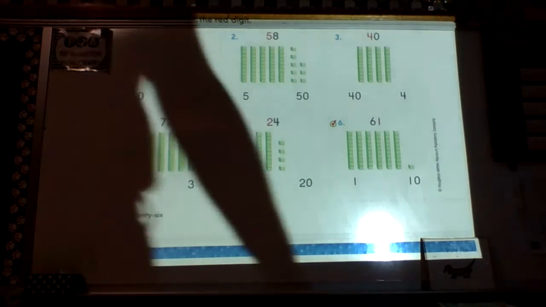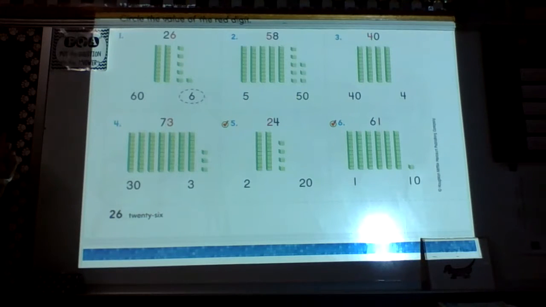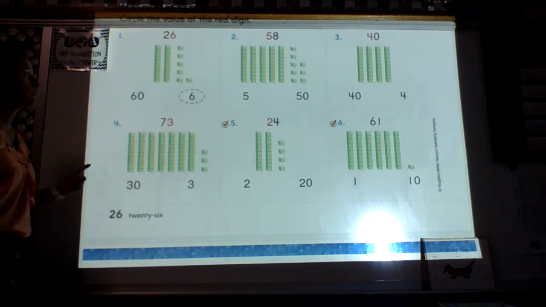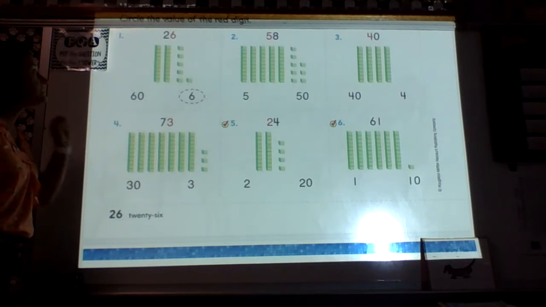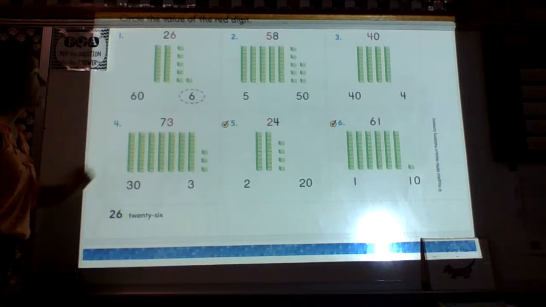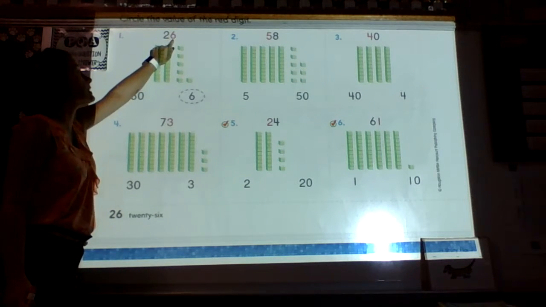Now, what we need to do is look at the number. We're going to identify the number, and then our instructions are to circle what that number that is red is worth. So the number is 26. The number 6 is the red number.